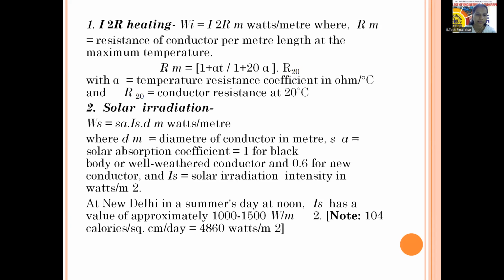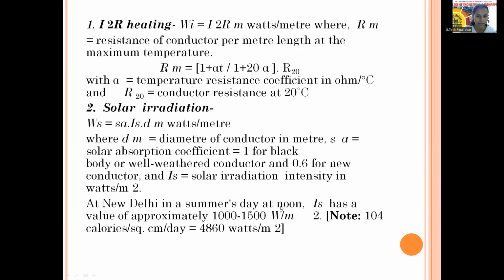And I_s is the solar irradiation intensity in watts per meter square. Already I have told you what is meant by solar irradiation. That is measured in watts per meter square. They have taken some values at various places.